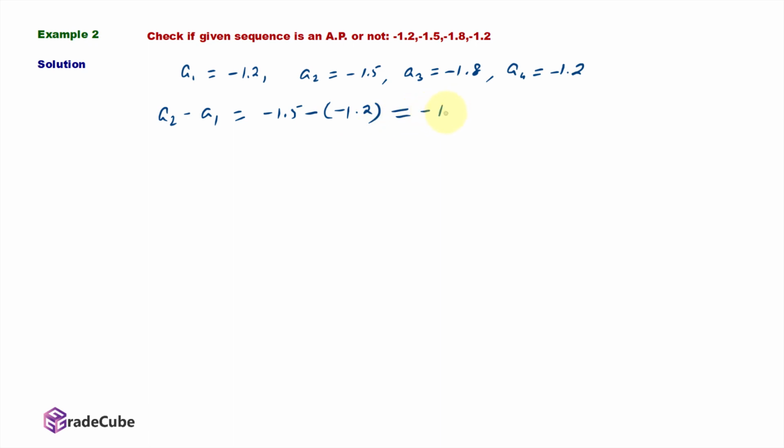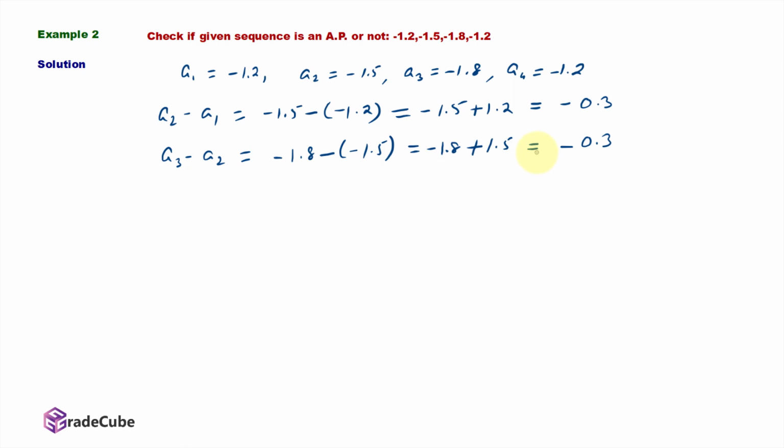It becomes minus 1.5, minus into minus plus 1.2, and the difference is 0.3 having negative sign. Similarly, A3 minus A2. A3 is minus 1.8 and we are to subtract this term, which is minus 1.5. It becomes minus 1.8, minus into minus is plus 1.5. Again the difference comes out to be minus 0.3.